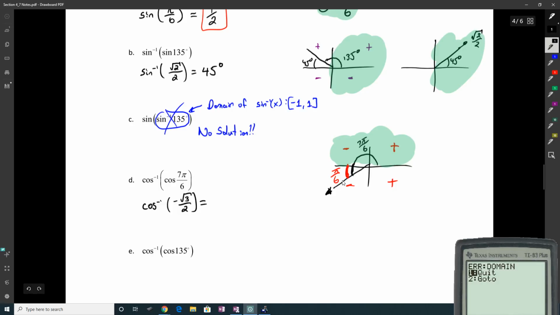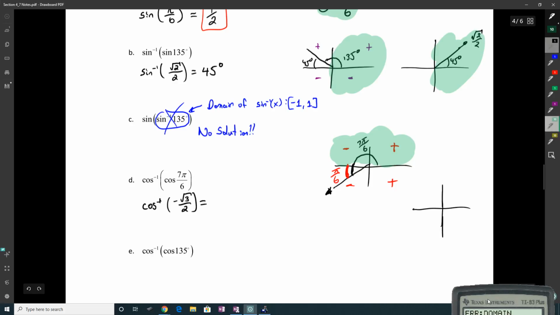And looking at the graph here, the inverse cosine of, let me make another one, negative square root of 3 over 2. Well, if cosine is going to be negative, it has to be within the proper range. And the only answer that does that is a pi over 6 up here.